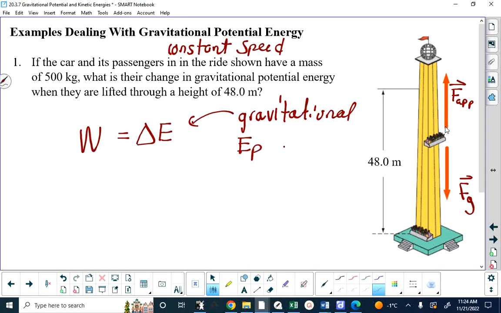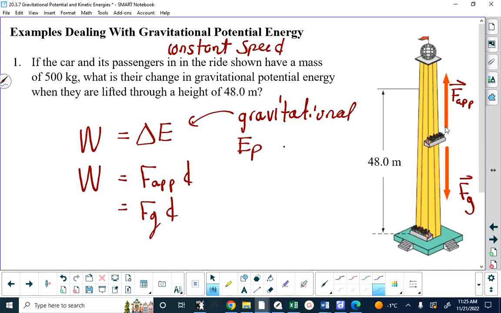At the top, the car will have energy because if I were to release it and let it go, it could do work on the floor, on anything below it. So the work done here is the potential energy we're after, which will be the applied force times the displacement. Why can I write the force of gravity times the displacement?